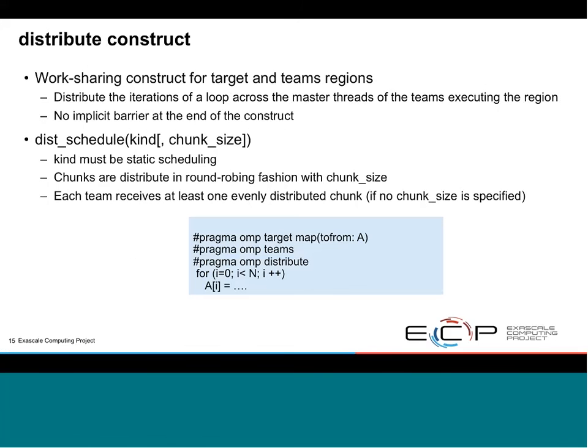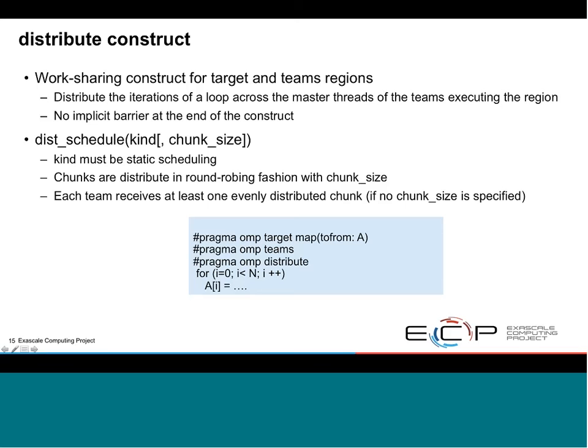As I mentioned before, we can use OpenMP teams inside the OpenMP target, and that creates a number of teams with one thread each. Then we can have a directive here called OMP distribute, which helps us to work share work across the teams. In this case, the loop that we have here can be distributed across the teams, each consisting of one thread.